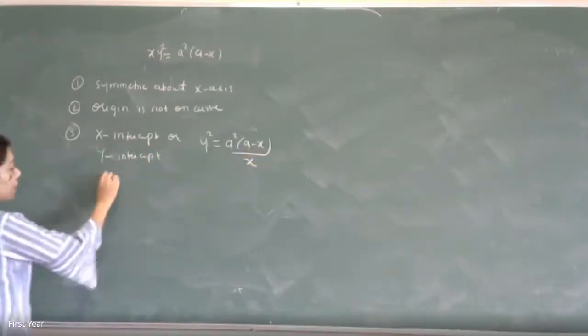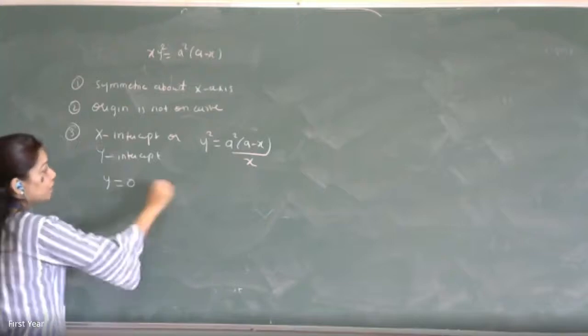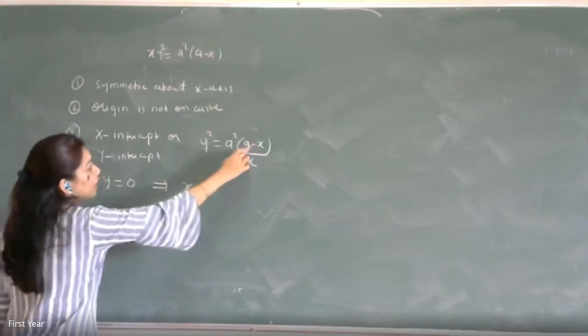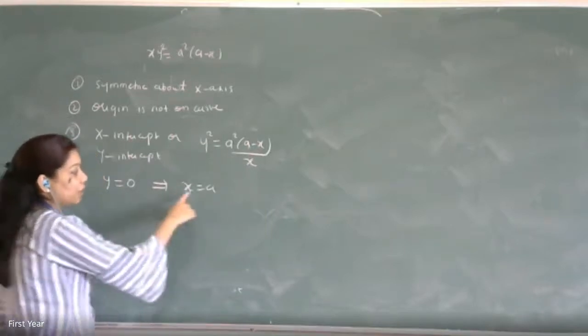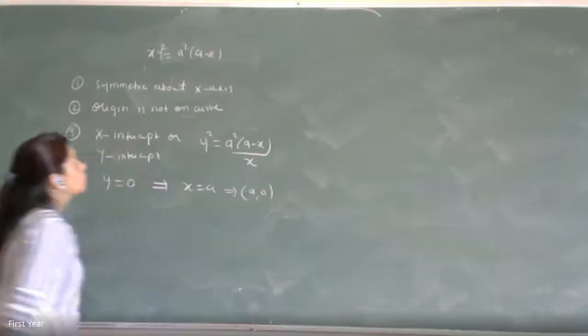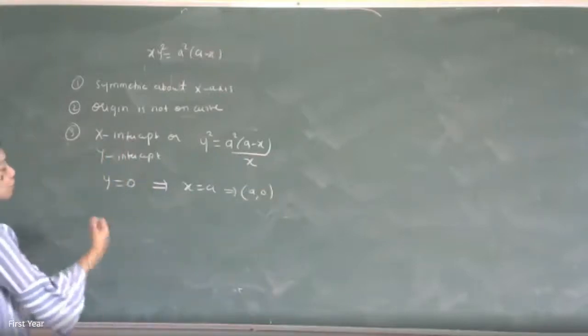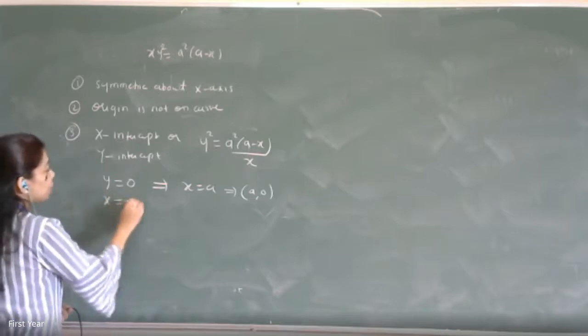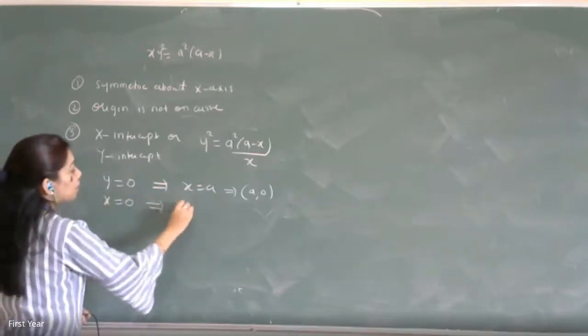When y is equal to 0, you get x is equal to a, because a minus x is equal to 0. So x is equal to a, and the point is a comma 0. And if you put x is equal to 0, you don't get anything. If you put x is equal to 0, what is happening to y?